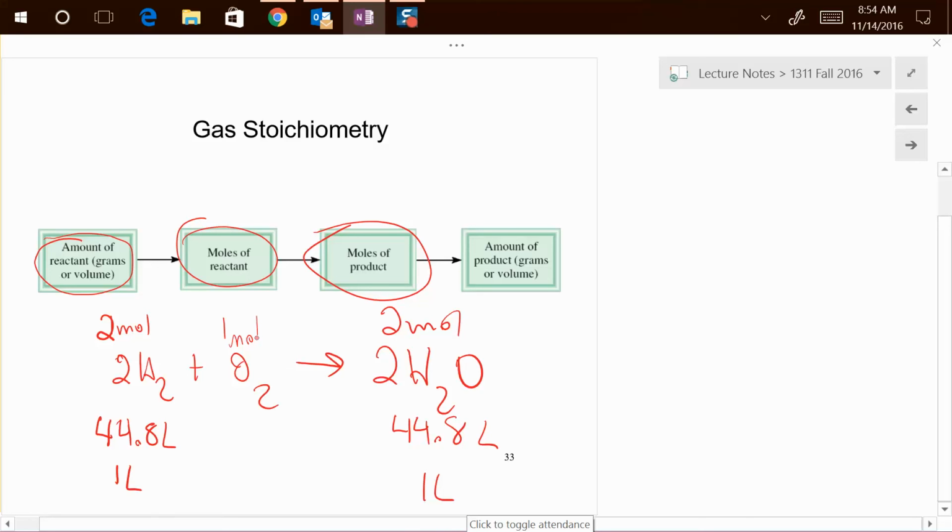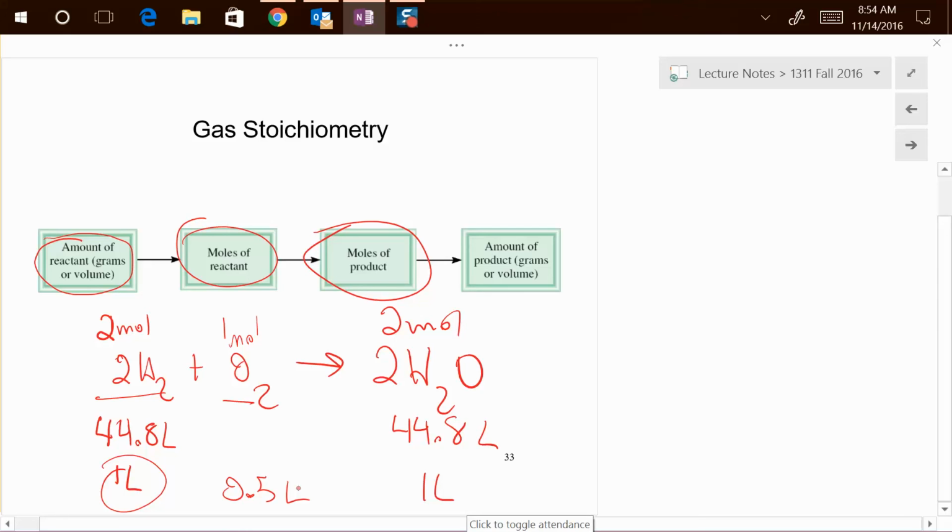How many liters of O2 will react with 1 liter of H2? If I have 1 liter of H2, how many liters of O2 will react with it? 0.5 liters.